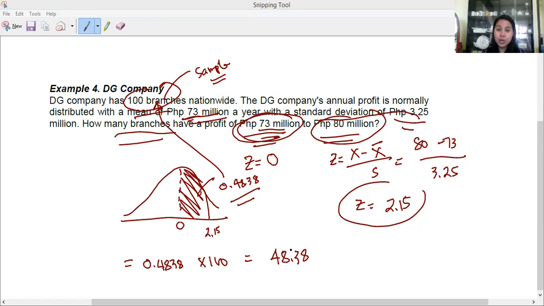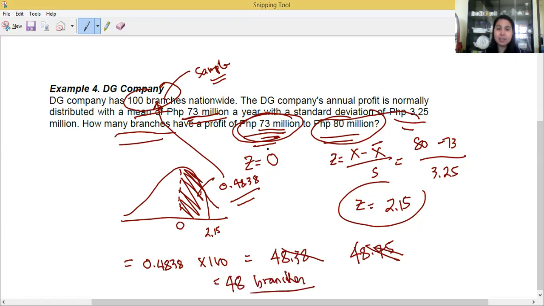What do you do? You drop the decimal. Ma'am, what if the answer is 48.75? Do we need to round it off? No, just drop the decimal. So the answer is we have 48 branches whose profit is from 73 million to 80 million.